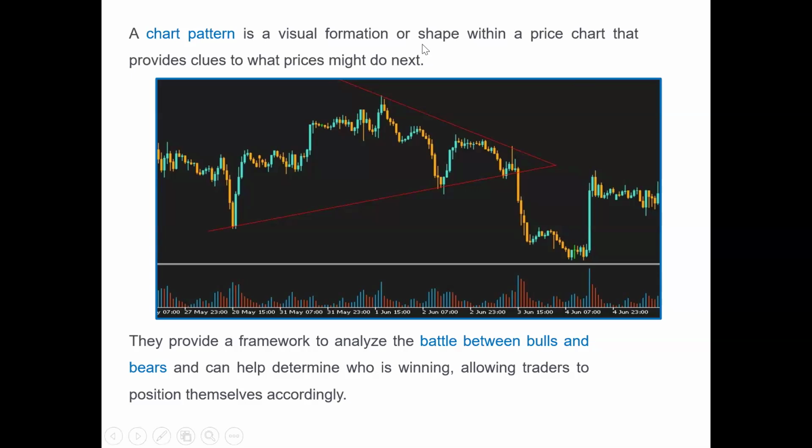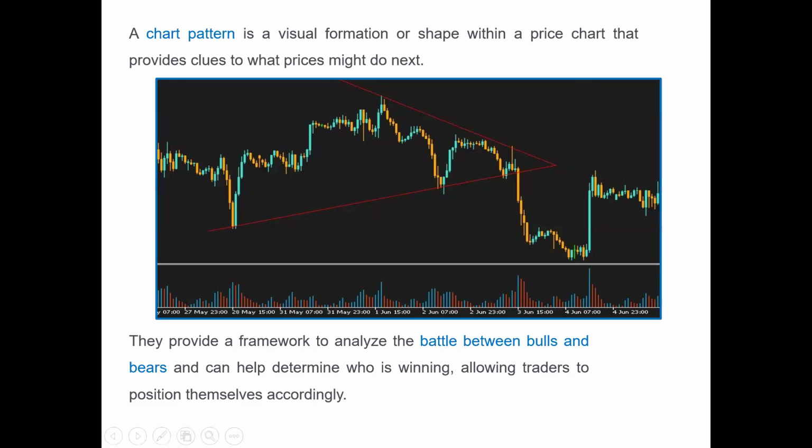This visual formation or shape will appear within a chart, and it gives you clues to what price might do next. That tells you that this kind of visual formation or shape can be predictive. It can predict the next move of the market, the next move of what price will do.